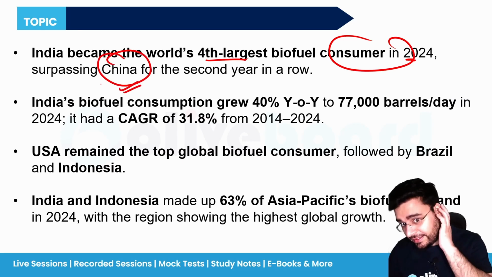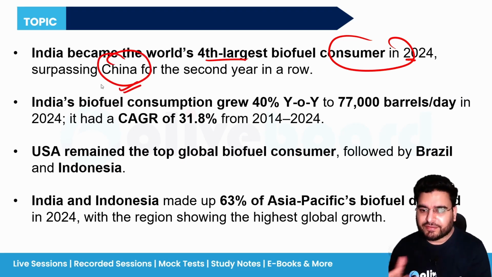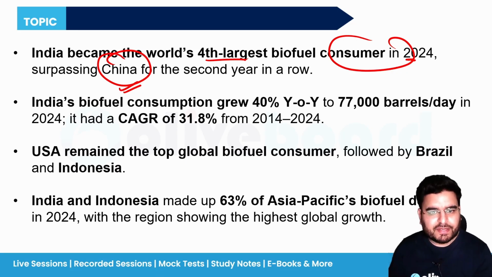Now tell me, is consuming biofuel a good thing or a bad thing? Or is consuming conventional sources a good thing or a bad thing? If you are consuming petrol or you are consuming green hydrogen. Biofuels means what? The fuel which has been generated from biological resources. Okay. So India's biofuel consumption has grown by 40% year on year, right?